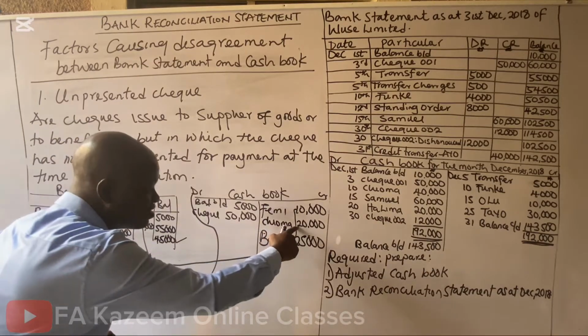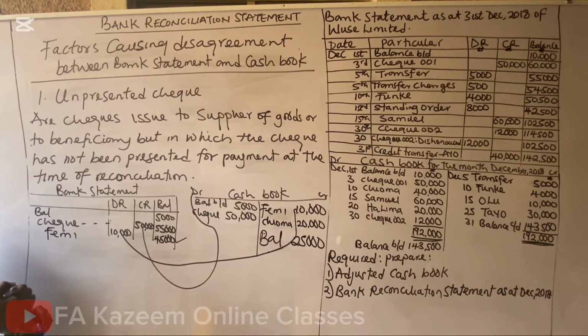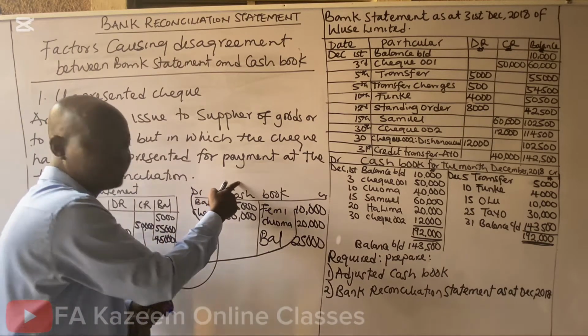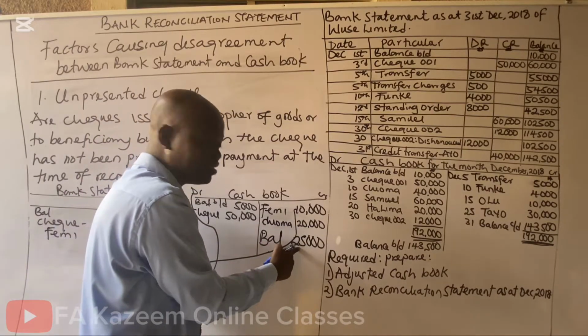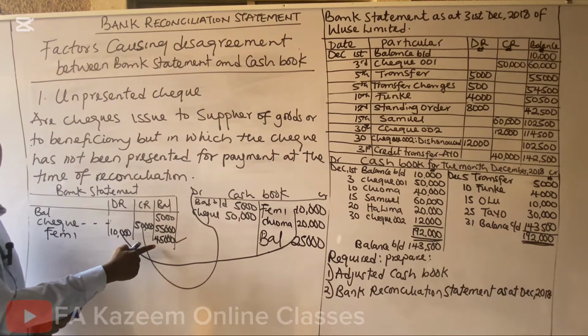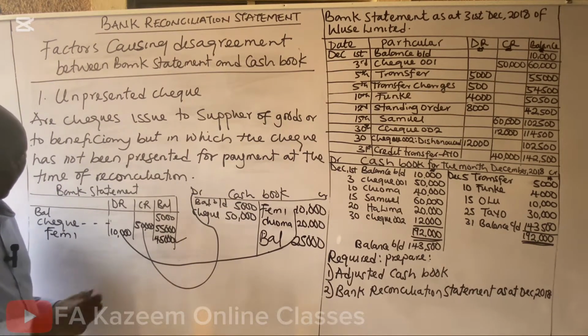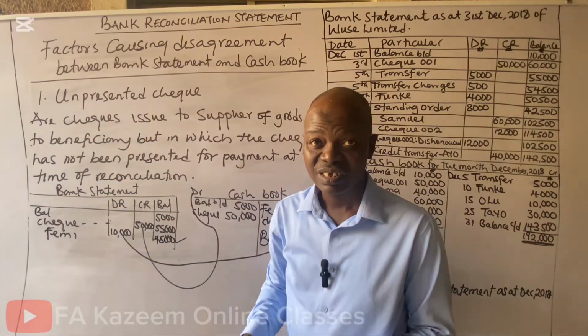Because Chioma has never taken this 20,000 to the bank for withdrawal. But the owner of the business thought Chioma had collected the 20,000, so his balance is 25,000. Why is the bank telling the customer that your balance is still 45,000? Nobody has come to our bank to withdraw any 20,000.